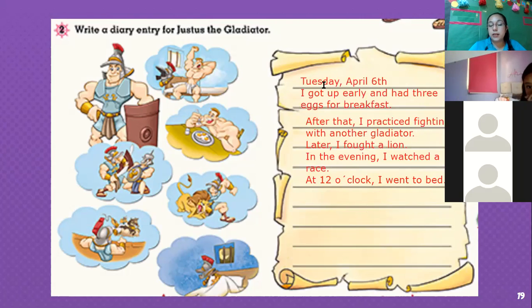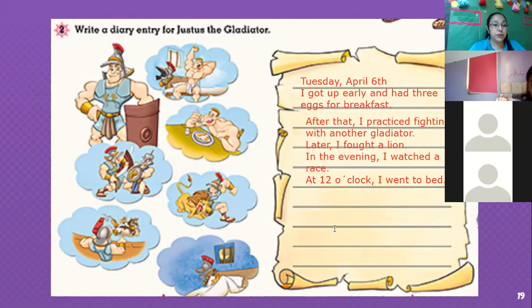We write the date. Yes, Tuesday, April 6th. Okay, let me see. We write in chronological order. Yes, okay, according to the steps. Yes. We use time expressions. Yes, okay. For example, after that, later, in the evening, at 12 o'clock.